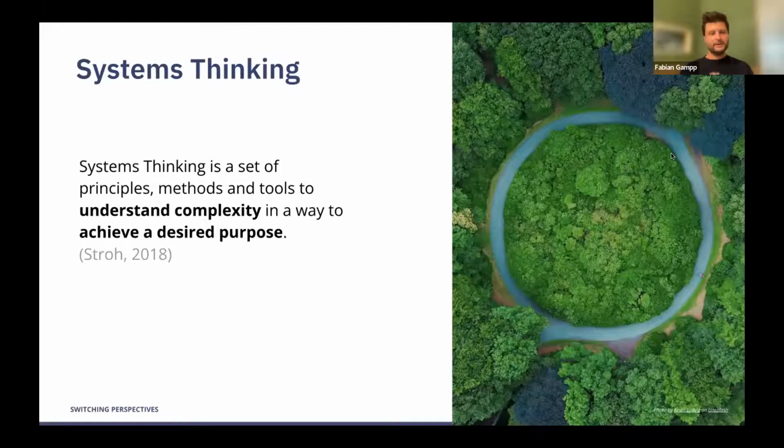System thinking, as a definition, is a set of principles, methods, and tools to understand complexity in order to achieve a desired purpose. So there's always a goal we want to have. Maybe it's understanding, maybe it's alleviating reforestation. You name it, there are a lot of possible topics. This approach should help us understand this complexity in order to take more informed decisions, create innovative ideas, and change the system for the better.